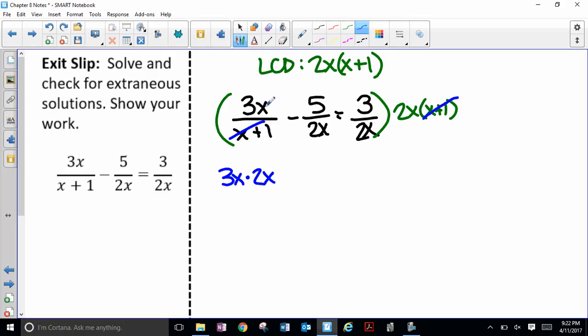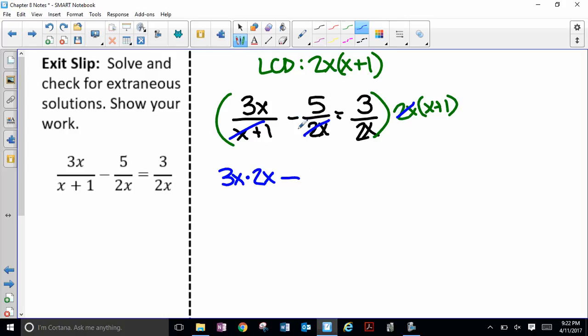Then remember, you still have the x plus 1. Just because I canceled it in the first one doesn't mean it went away. Then minus, the 2x goes with the 2x.